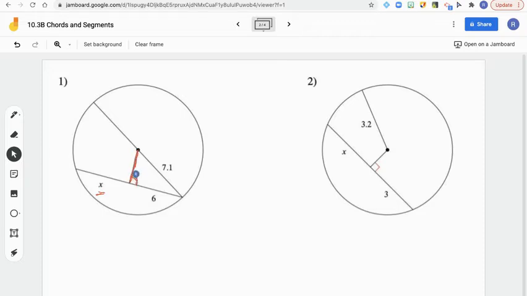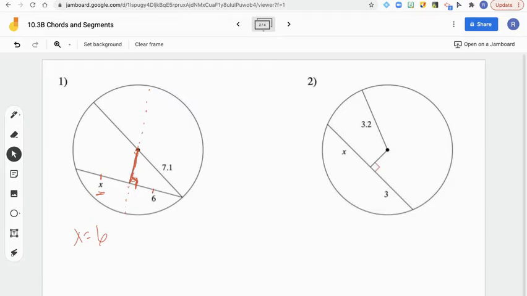This line could keep going in both directions, but the really important part is it's coming from the center and it's perpendicular, which means these two parts have to be the same. Well, if 1/2 is 6, then this X has to also be equal to 6.